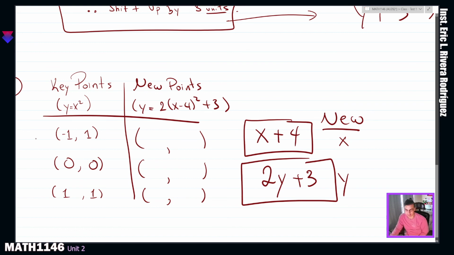For example, for the first point, you're going to use -1 on this equation for getting the new x coordinate, and for the y coordinate, you are going to use 2y plus 3. So calculate those, write the new points on the chat.